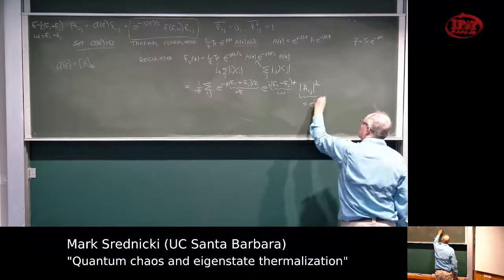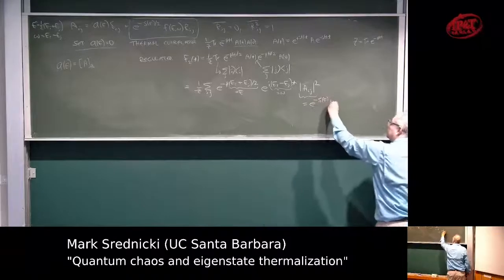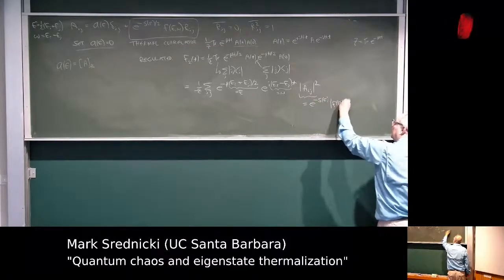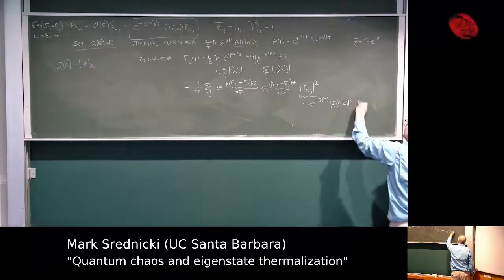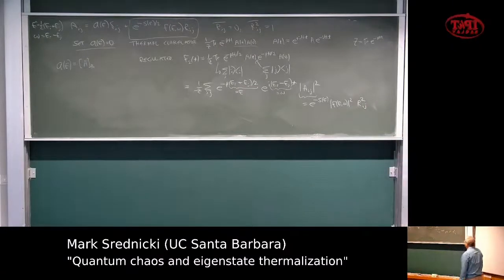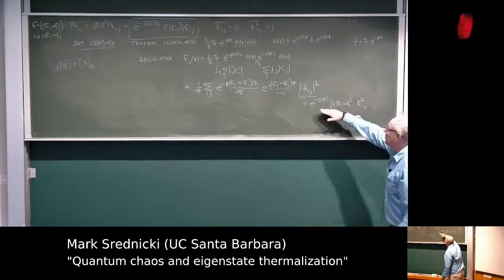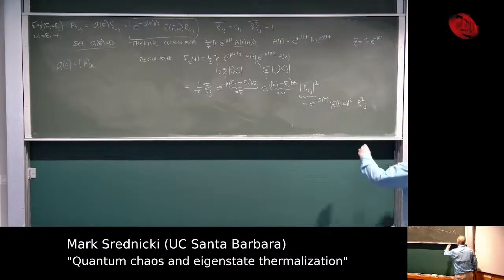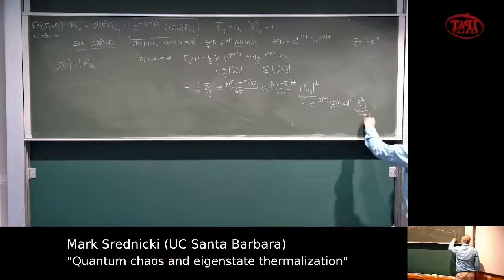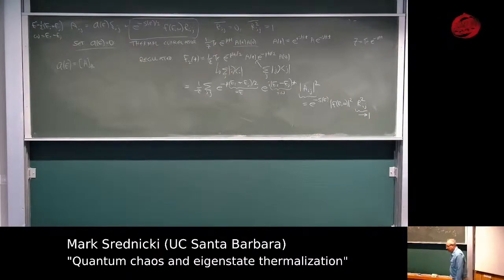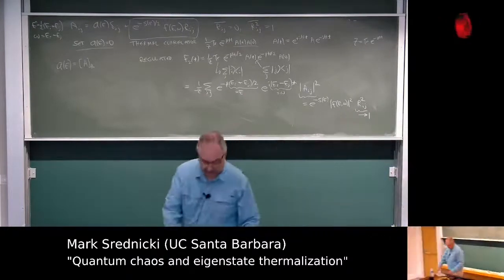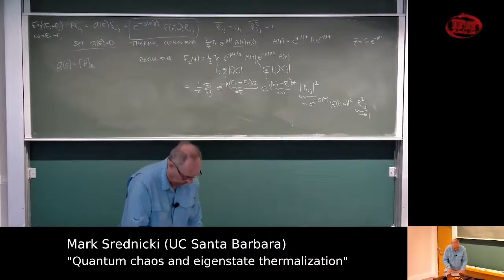And this is e to the minus S of E. But now I have Rij squared, and so as I do the sums over i and j, that's just going with times these smooth functions, that will just give me the statistical average, so I can just replace Rij squared by 1.